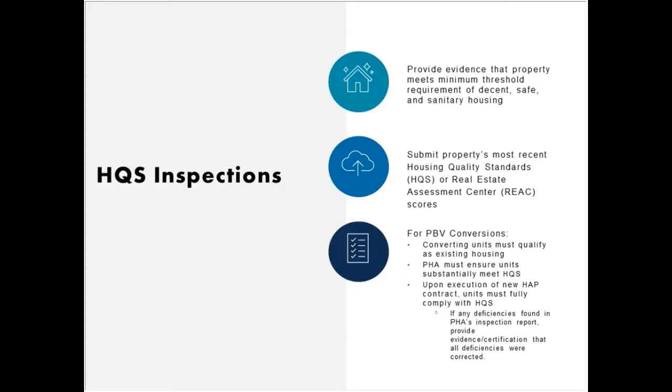And for PBV conversions, prior to executing your PBV contract, if you choose to go that route, the PHA is going to ensure that the units meet HQS, housing quality standards, before executing the new HAP contract. And any deficiencies that are found by the PHA will need to be addressed prior to execution of the HAP contract.